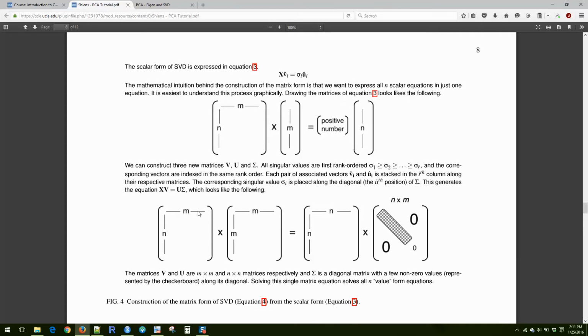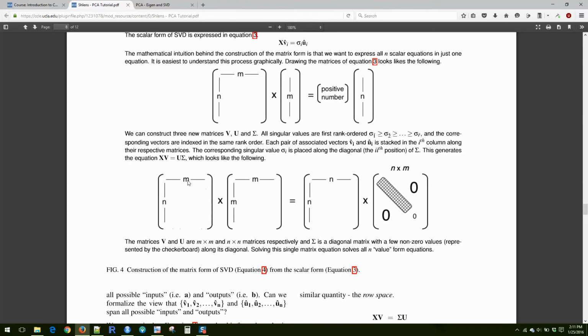So we can take our original m by n, so this is a non-square matrix X, and we're going to essentially multiply it by a square matrix M. And so this ends up giving us, on this side, an n times m matrix, and then over here we have another matrix U, which is n by n, and the Sigma matrix, which has dimensions n by m.